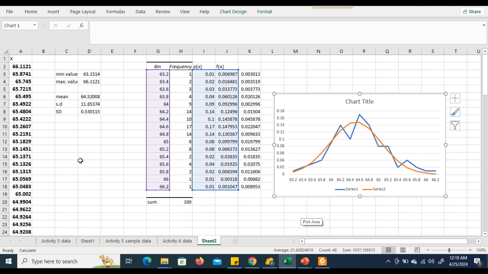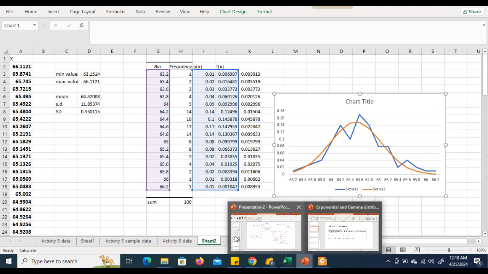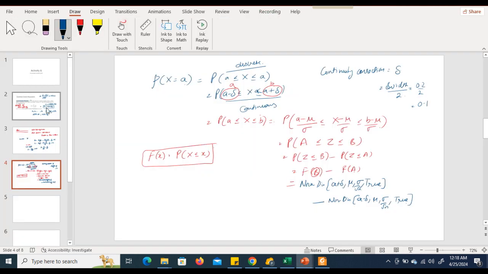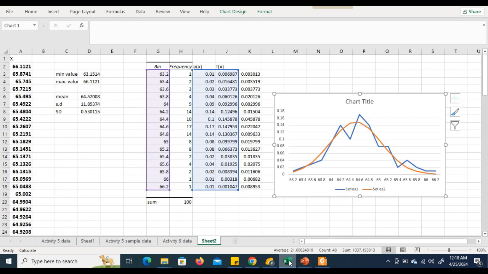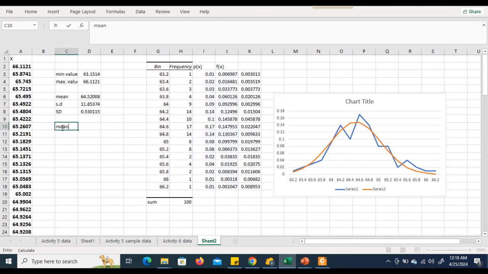So what is the property here? That x bar, that is sample mean follow normal distribution with the mean is equal to the population mean, and the variance is sigma square by n, right? If we want to check this particular property, okay, let us calculate the mean of this sample which we have calculated here. Mean of the sample, I am considering mean of a sample, let it be denoted by s.